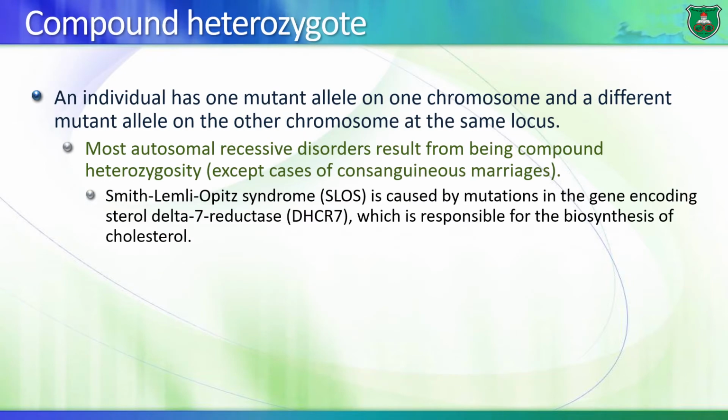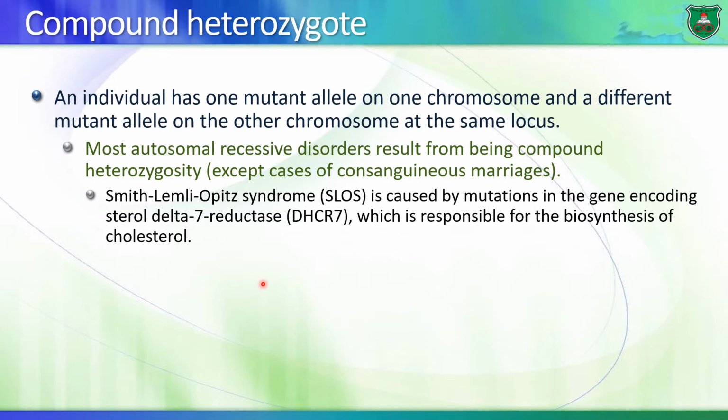Now there's another reason for the appearance of a certain recessive disorder, and that is known as compound heterozygote, which means that two parents, both of them normal, each have a mutation in the same gene, but the mutation is different.